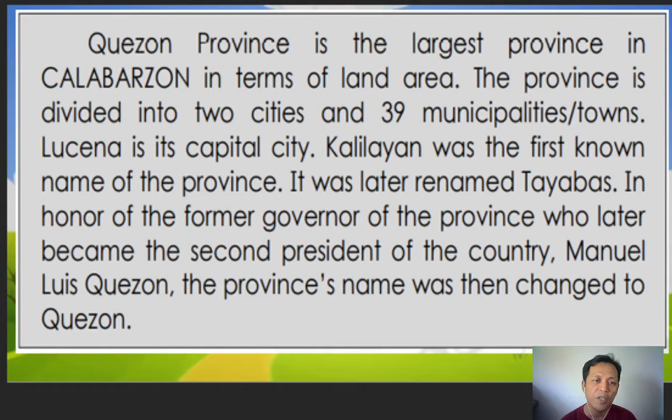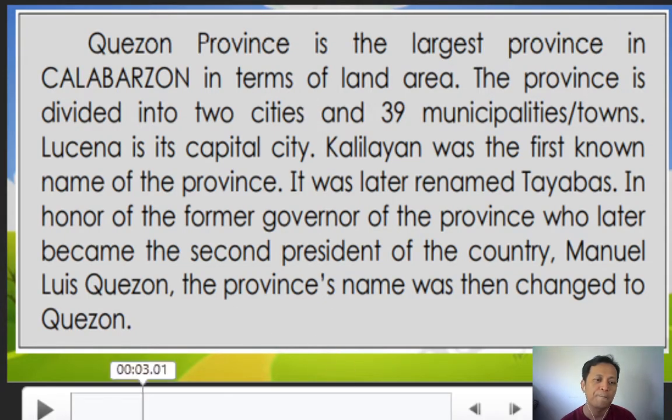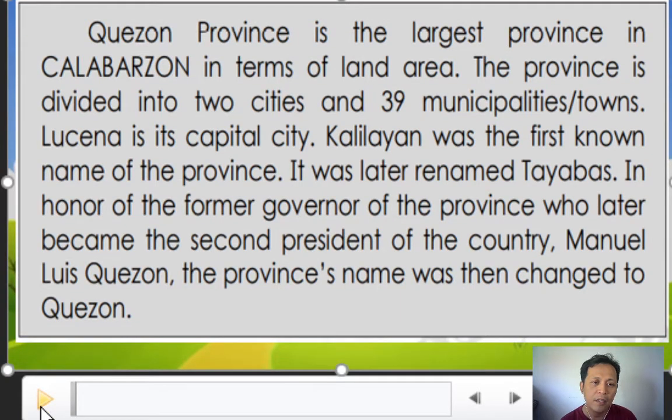So this is the informational text. I'm going to read it for you, so that you can have an idea on how the following words are read. Then you can practice it later. Quezon Province is the largest province in Calabarzon in terms of land area. The province is divided into 2 cities and 39 municipalities.